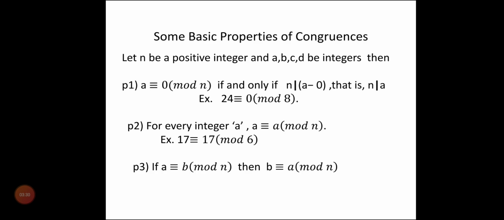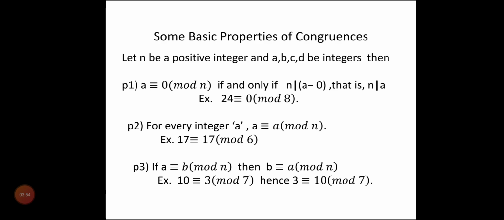P3: if a is congruent to b modulo n, then b is also congruent to a modulo n. It is also obvious because if n divides the difference a minus b, then it divides the difference b minus a also. This will be clear from the example. 10 is congruent to 3 modulo 7 because the difference 10 minus 3 is 7, which is divisible by 7.